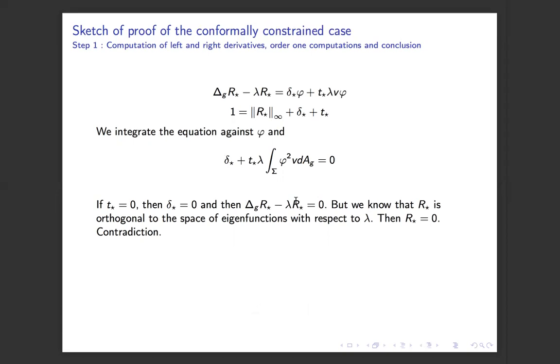But by assumption, we had before the limit that R_t were orthogonal to the first eigenspace, so that R star is also orthogonal to the space of first eigenfunctions. Then, if it satisfies this equation, we must have that R star is equal to 0. But since everything is equal to 0, we have 1 equal to 0, and it is a contradiction.